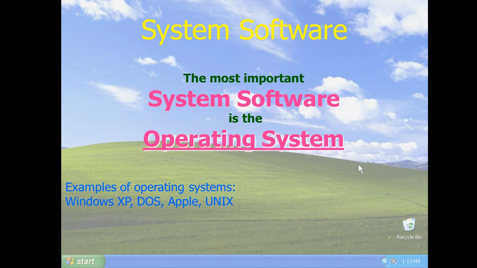Like a house has a foundation. If there is no foundation, a house cannot stand. So it is a platform which allows other applications or other systems to run, so that you can easily interact with the computer. It makes it easy for us to interact with the computer, because machine language is not easy to understand.